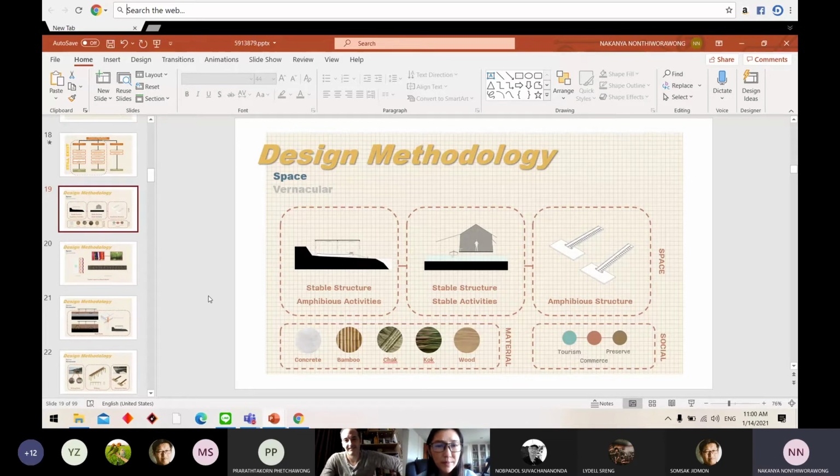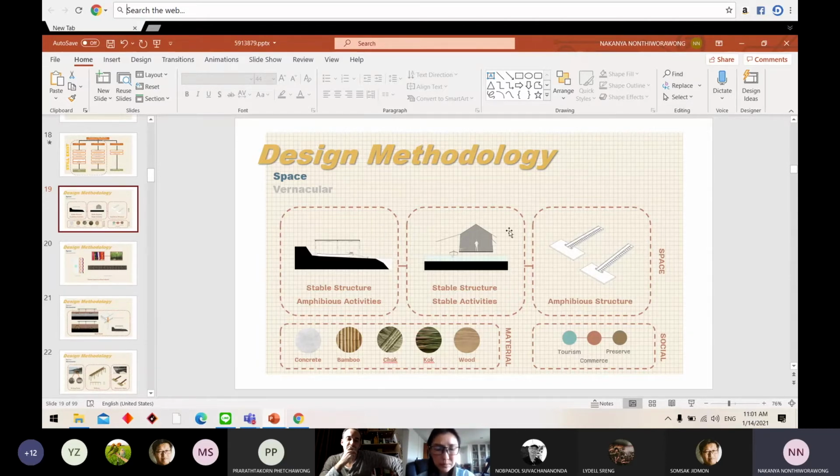Okay, so let me explain the vernacular first. I define it into two things. The first one is space. You can see these three diagrams. The space that is vernacular that I found a lot in this area: firstly, I call it stable structure and amphibious activity, like the boat house, where the structure is placed but the activity depends on the tidal up and down.